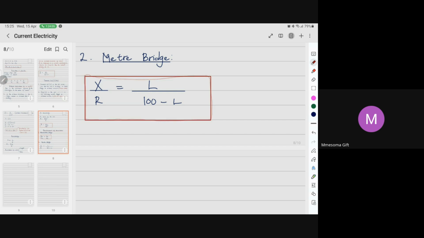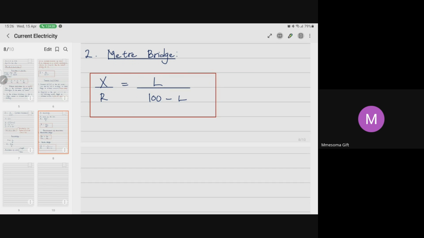Anytime they are measuring resistance using the meter bridge, X is the resistance you are looking for. R is the given resistance. L is the given length. This 100 is because the uniform wire used for this meter bridge is 100 cm in length. They always give you the L, or sometimes they might ask you to look for it. We're going to solve questions on that, so you see how the questions look.